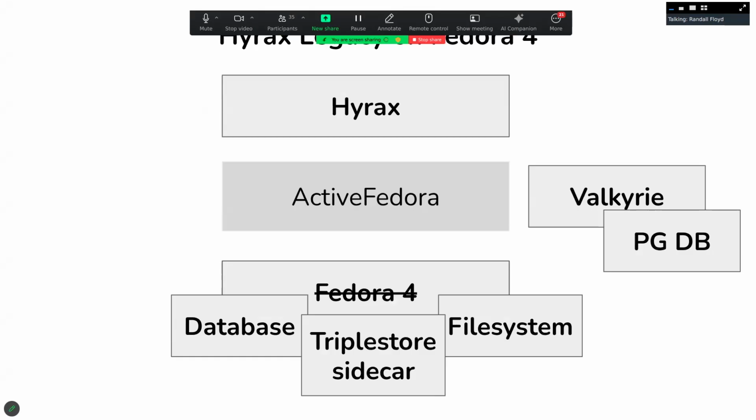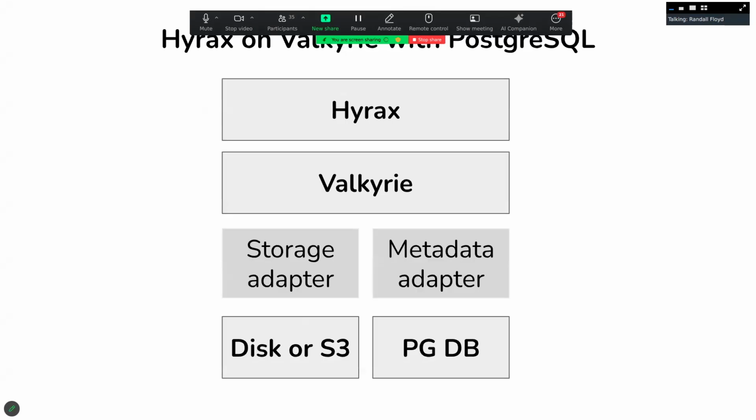So as a segue to where we currently are, we have two supported, strong, viable configurations using what we call Valkyrie. It makes a distinction between storage adapters and metadata adapters so that you can mix up different strategies.